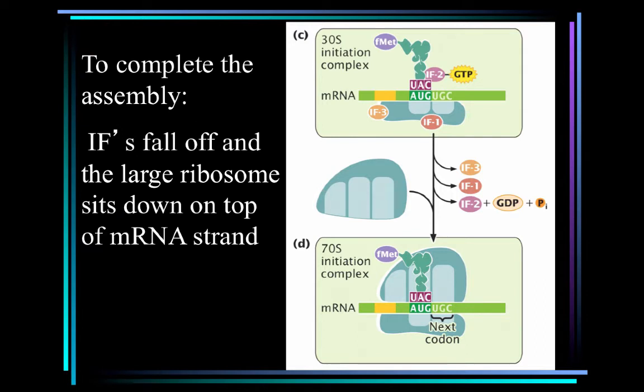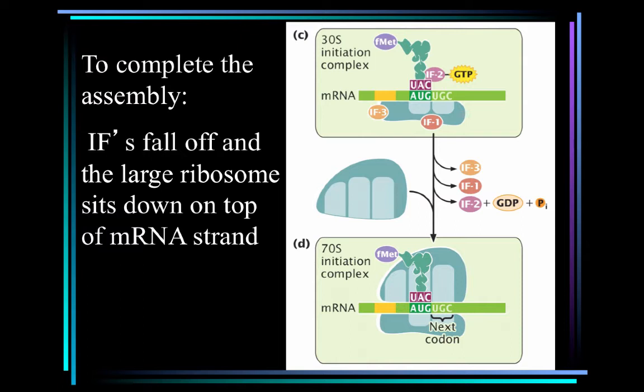So that really is a good summary of what's going on with the initiation process. There's lots of moving parts, but once you start to break them down and get the fact that this one comes in before this one, this process really is quite simple to memorize.